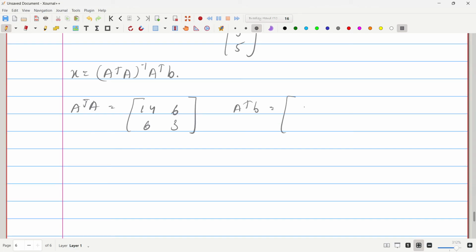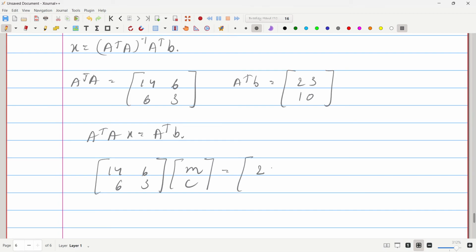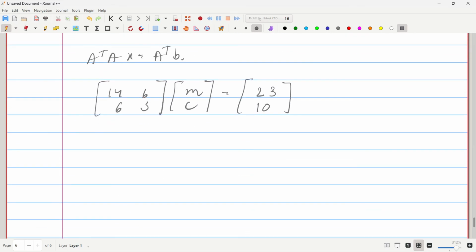A transpose B is 23, 10. Either do it this way, or you can simply say A transpose A into X is equal to A transpose B. So what is A transpose A? 14, 6, 6, 3. What is X? M, C. What is A transpose B? 23, 10. You will get two equations from these vectors.